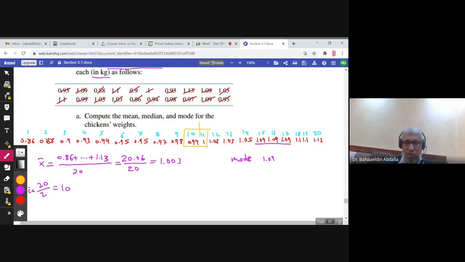So the median is here, between the 10th and 11th. To find the median, I add 0.99 in the 10th position plus 1 in the 11th position, and I divide by 2. I get 0.995. So that's the median.